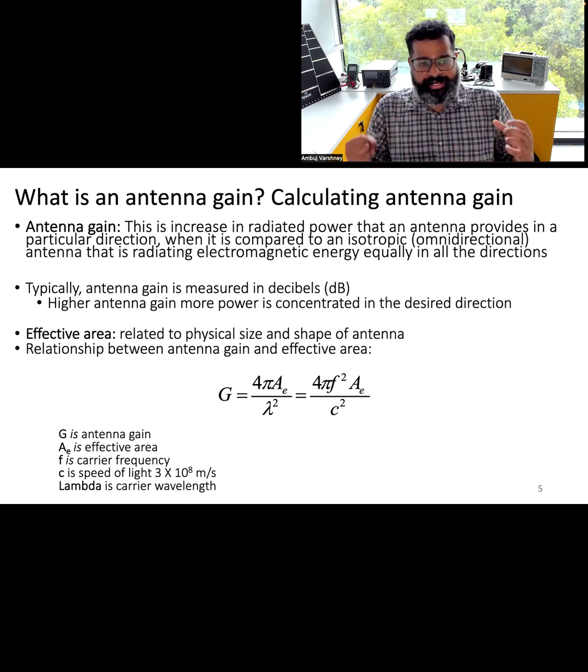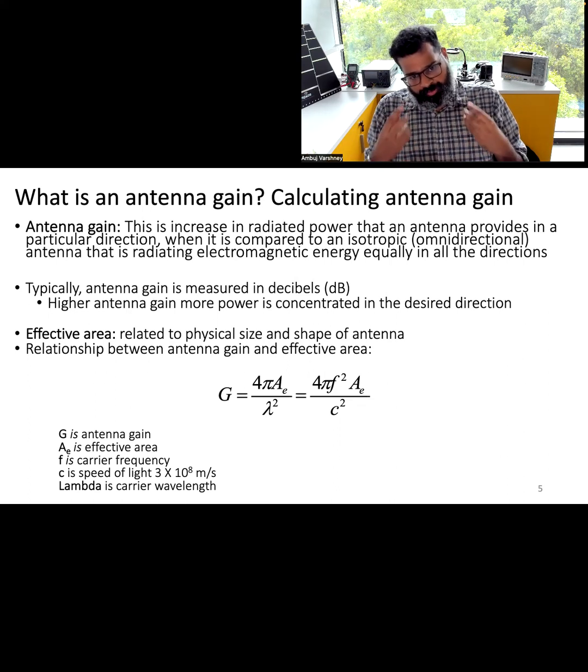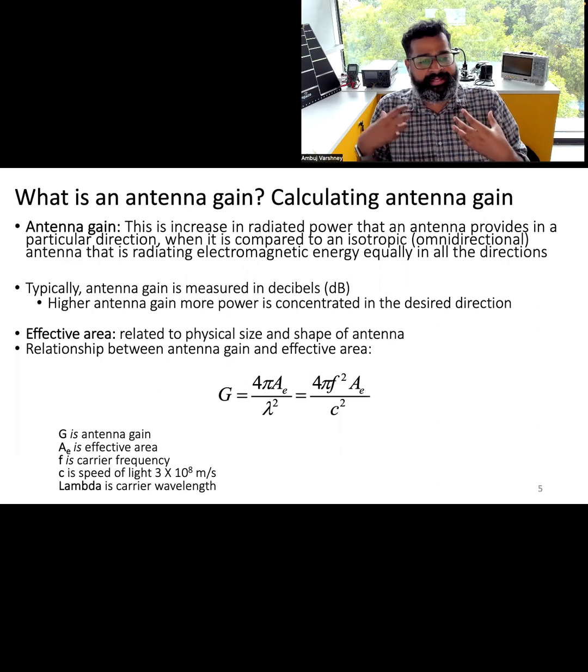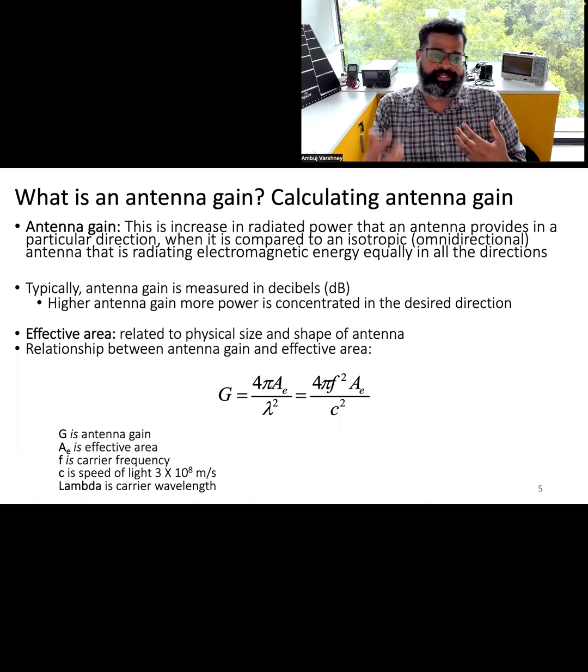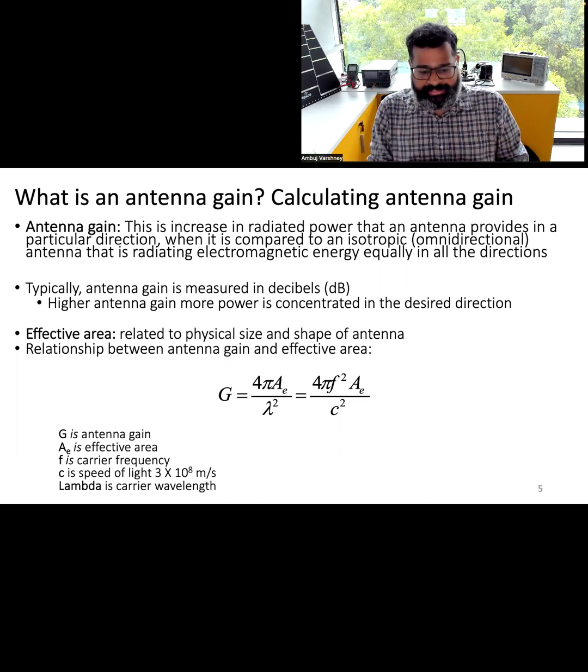An omnidirectional antenna is one that radiates energy equally in all directions. So you can think of the antenna gain as a measure of the increased radiated power in a specific direction when compared to an omnidirectional antenna.